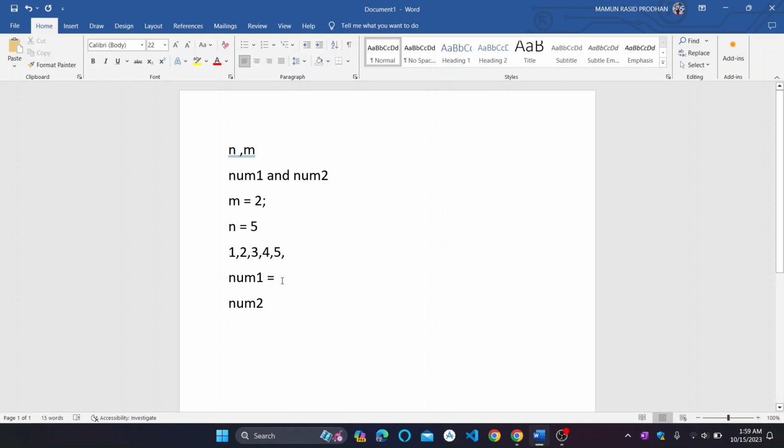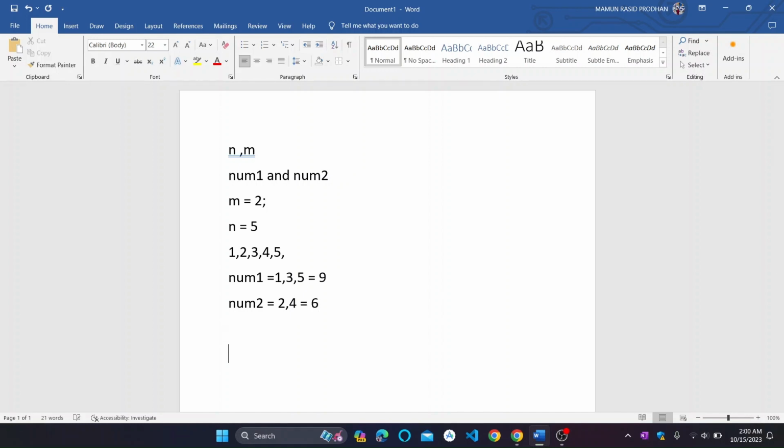The not divisible values, which go to num1, are 1, 3, and 5, and the divisible values are 2 and 4. So we have to add all of these. The addition of num1 is 1 plus 3 plus 5, which is 9, and the addition of num2 is 2 plus 4, which is 6.